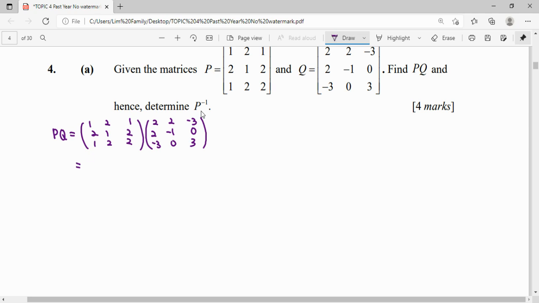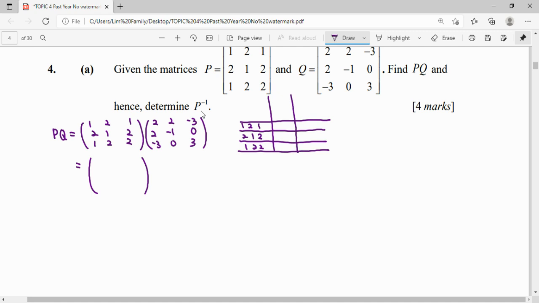Okay, so we will do our multiplication, involving 3 rows: 1, 2, 1, 2, 1, 2, 1, 2, 2, with 3 columns: 2, 2, negative 3, 2, negative 1, 0, then negative 3, 0, 3.